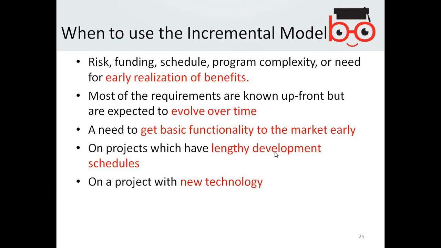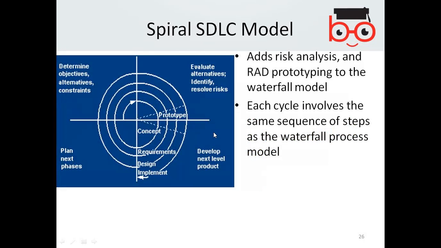The spiral model. Spiral is basically the model where you do a kind of rapid application development like a prototype, but you add a risk analysis into every phase. What do you do? You identify the risk.